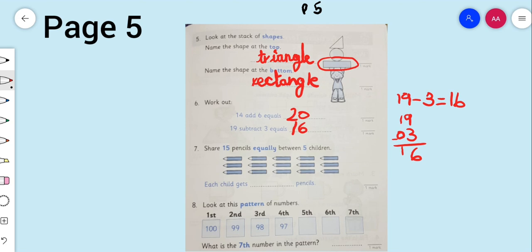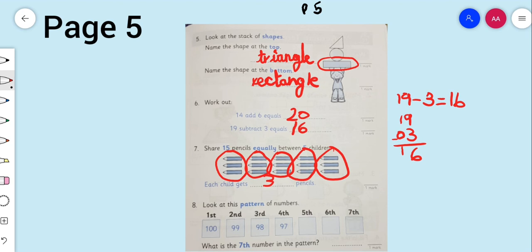So let's try to start with a group of 3. So that's 1 group, 2 group, 3 group, 4 group, and 5 group. So there are 5 groups, and in each group there are 3. So that means each child gets 3 pencils.